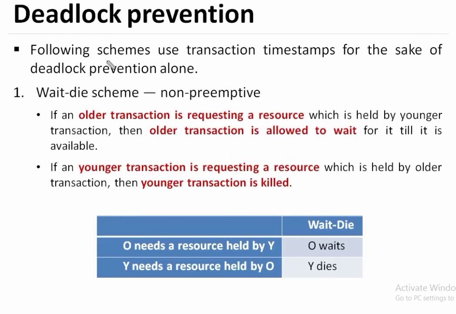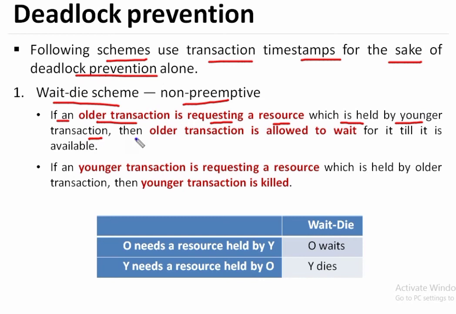The following schemes use transaction timestamps for the sake of deadlock prevention alone. First, the wait-die scheme, which is non-preemptive. If an older transaction is requesting a resource which is held by a younger transaction, then the older transaction is allowed to wait for it till it is available.